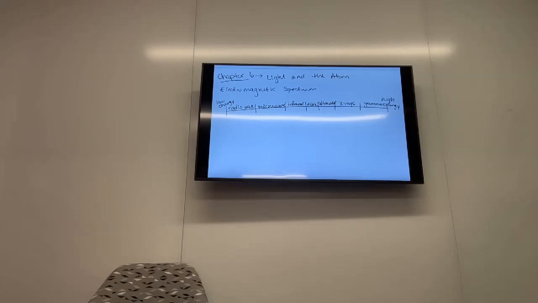I don't know. I remember infrared, visible, and ultraviolet because infrared goes into red, and then RGB is the last one. Violet goes into violet. So those three I think are okay to memorize. I know that radio wave is the lowest, and gamma rays is the highest.